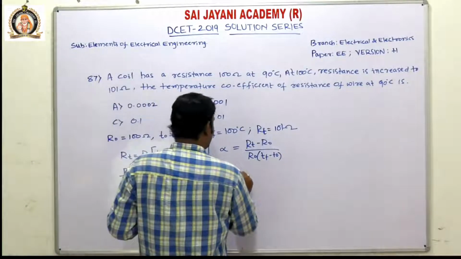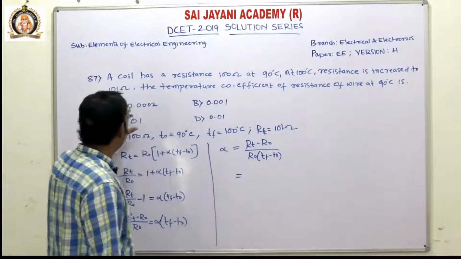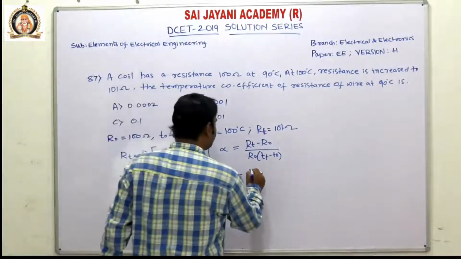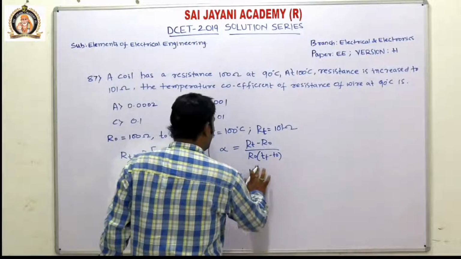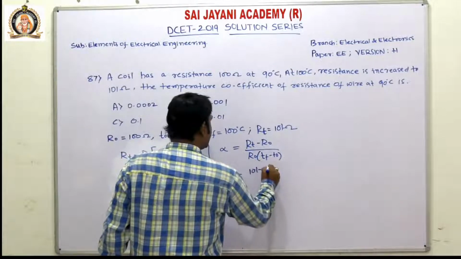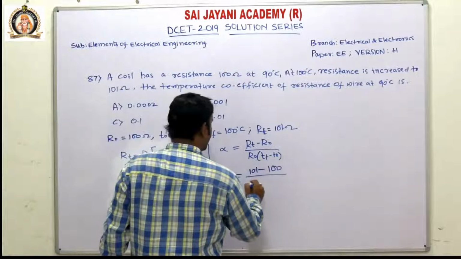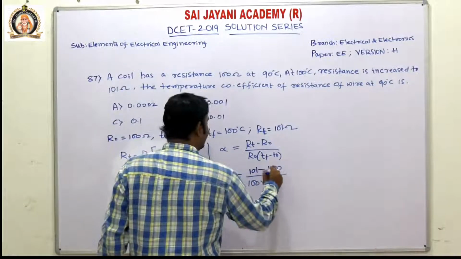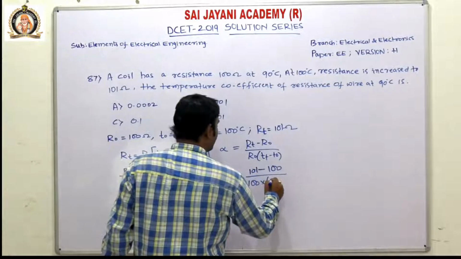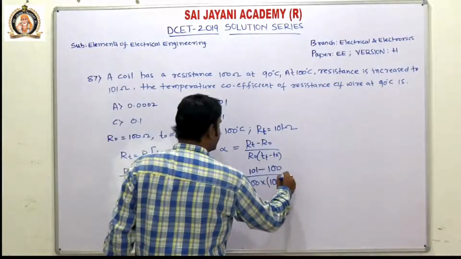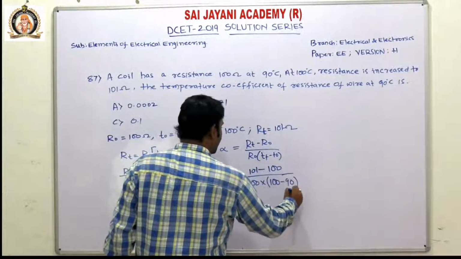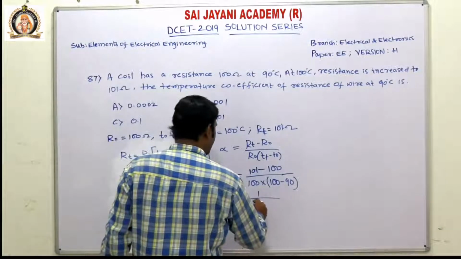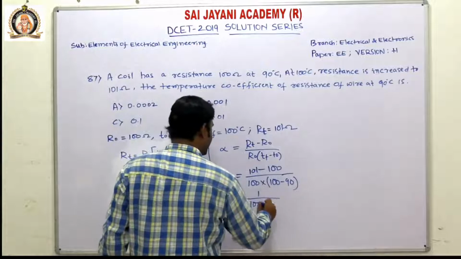So I will substitute the values. RT is 101 ohm. So R0 is 100 ohm, divided by again R0 is 100 ohm into what is the final temperature TF? 100 minus initial temperature 90. So this will become 1 divided by 100 into 100 minus 90 is 10.